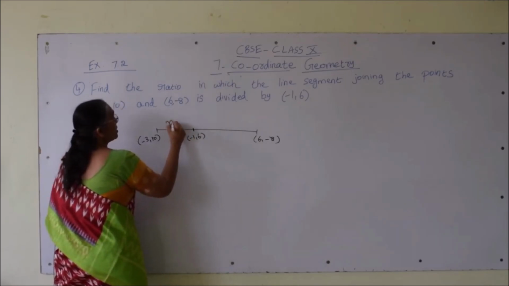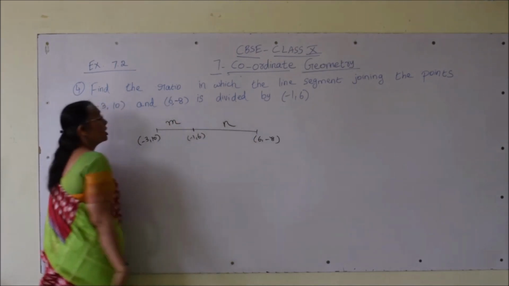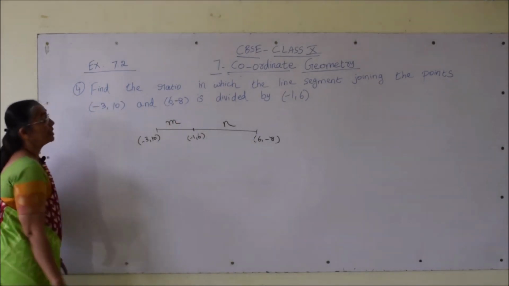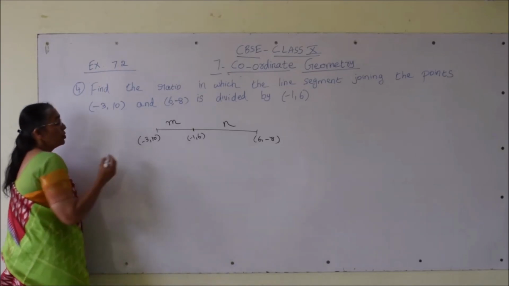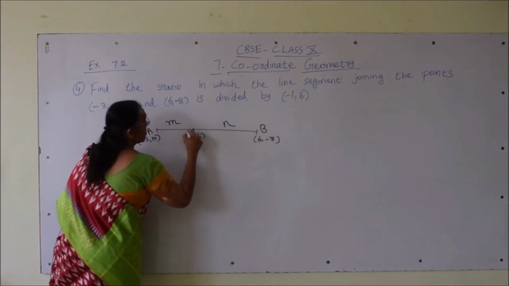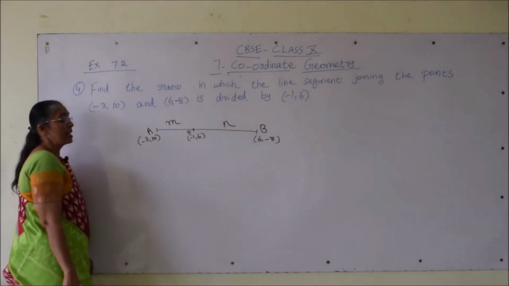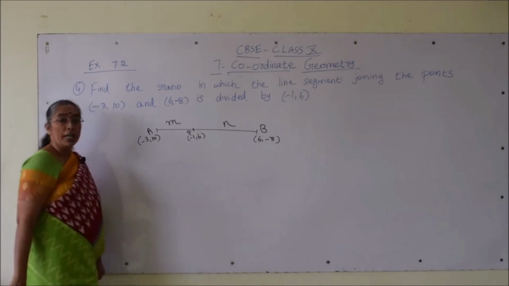Suppose m is to n is the ratio in which this point divides the line segment; we have to find m is to n. Suppose this is the point A, this is the point B and this is the point P which divides the line segment joining A, B in the ratio m is to n.